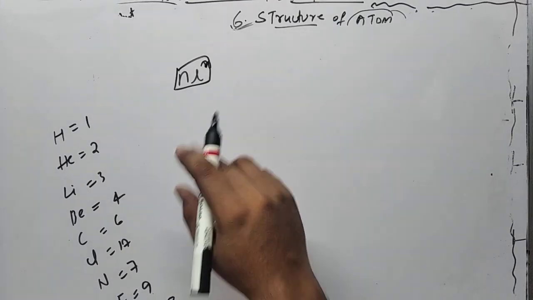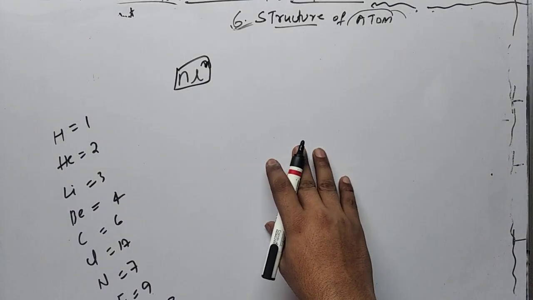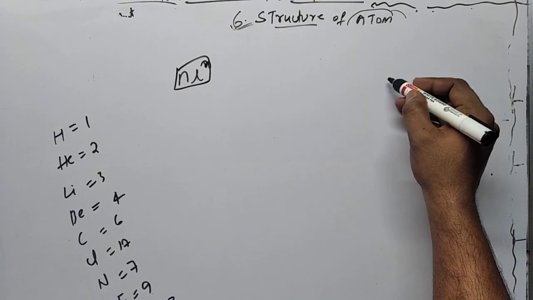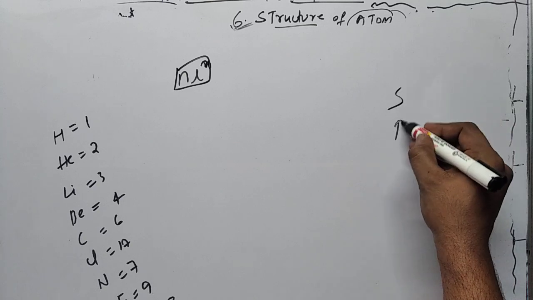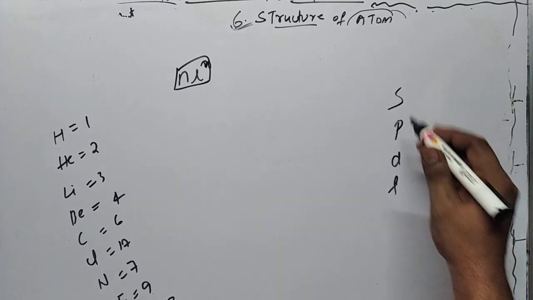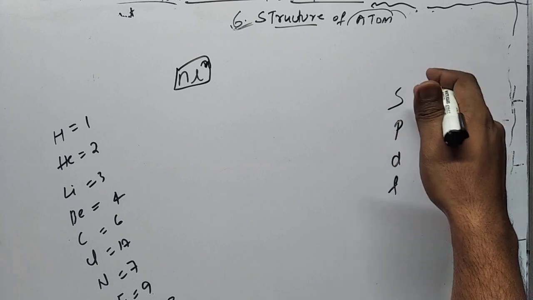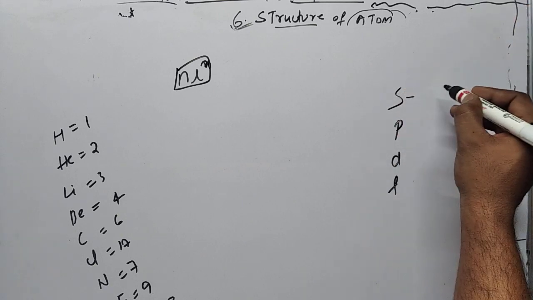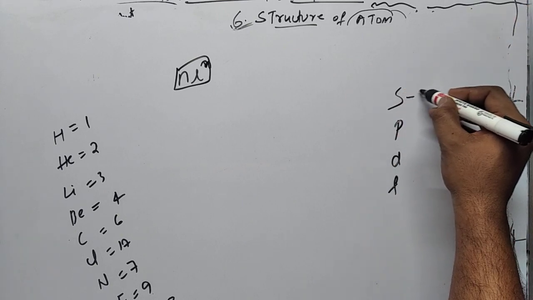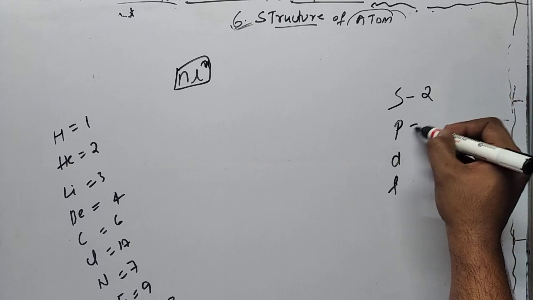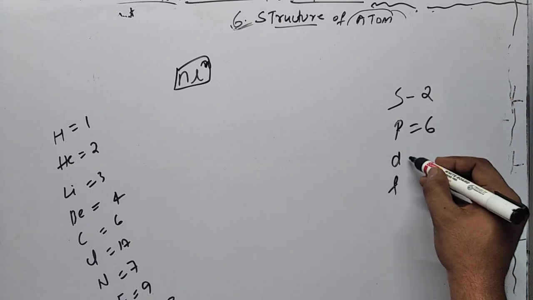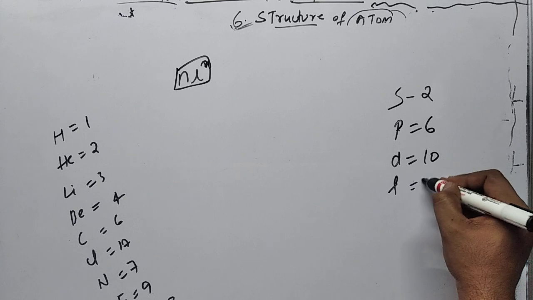You should know the maximum number of electrons which can be filled in s, p, d, f, which are the subshells. In s the maximum number of electrons is 2, in p we can fill 6, in d 10, in f 14.